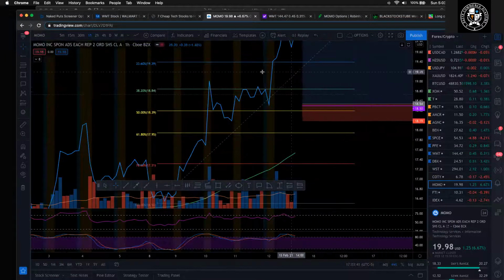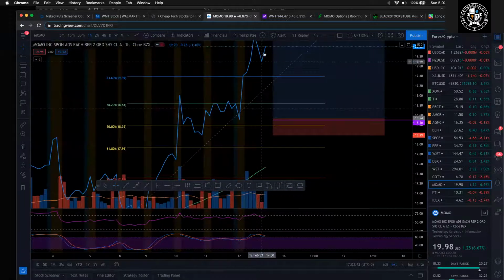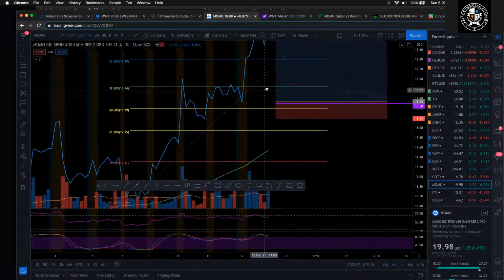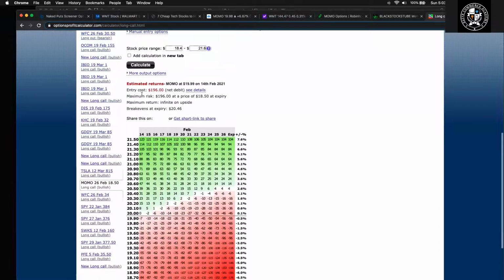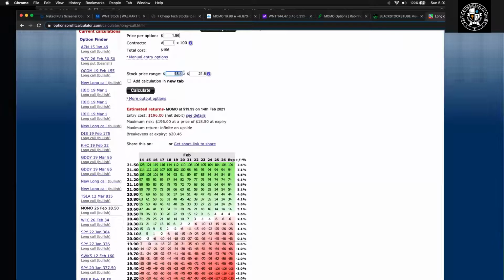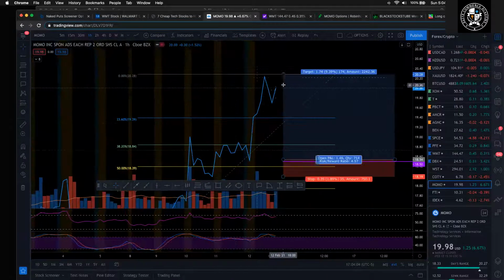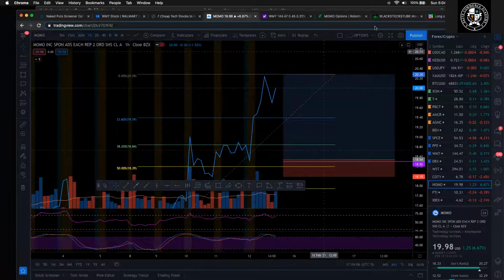19.4. Okay, yeah. So obviously we're thinking in the future. So obviously it's not going to be up here. But let's just say, for instance, it was here. I would use the long calculator and I would type my stop loss in right here. I will put 19.4 in, and then I will put my take profit, which would be my 100% level at 2028.